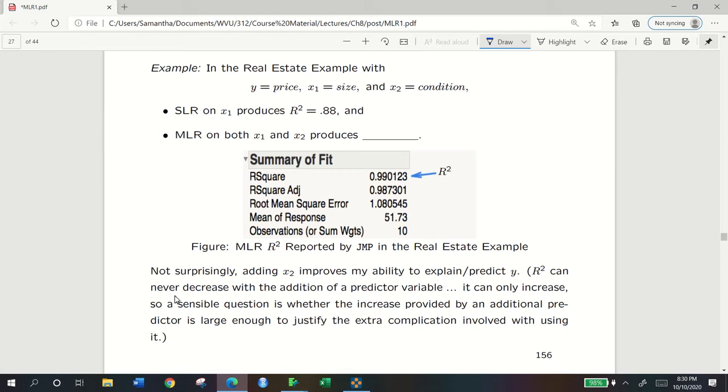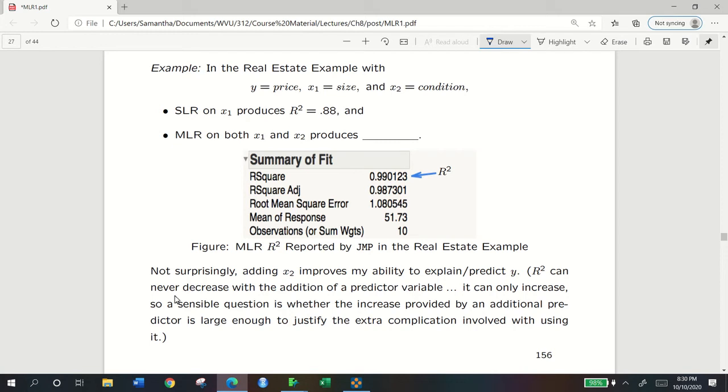Looking at our real estate example, still examining this idea of our coefficient of determination, let me remind you that in our real estate example, our response is y, which is our price, our predictor x1 is size, and our second predictor, x2, is condition.